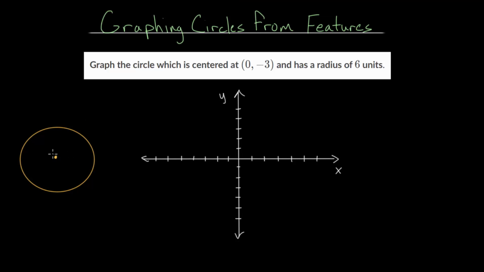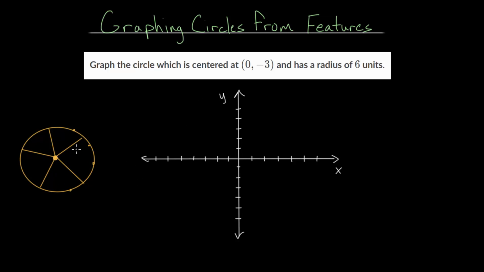And the way that this circle is defined is that all points on the circle are the same distance away from that center point. This is not drawn perfectly like a circle, but you can at least get the rough idea. All of these distances are supposed to be the same. Every point on this circle is the same distance away from its center.